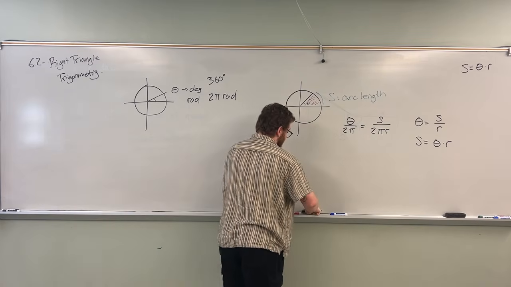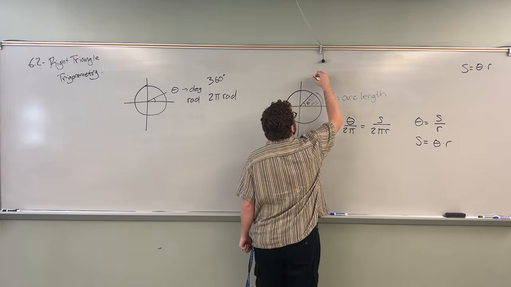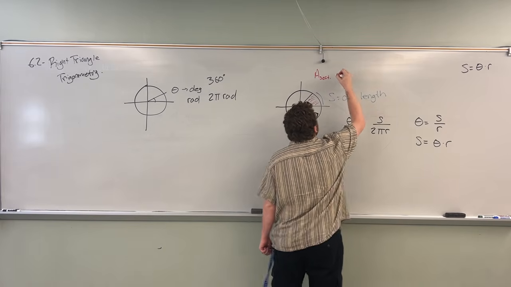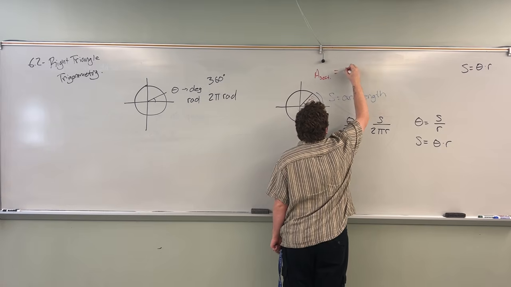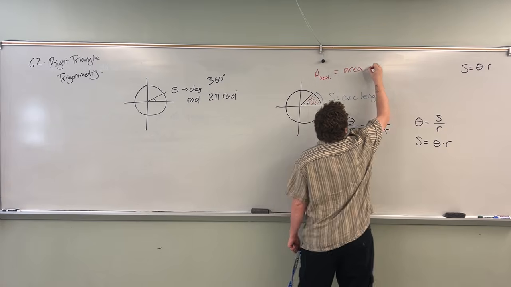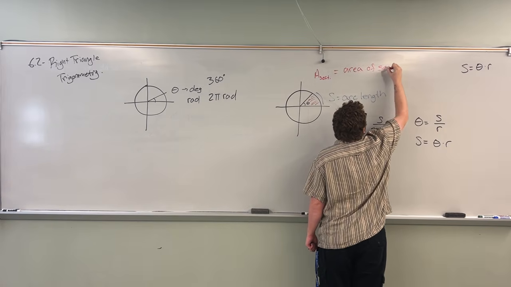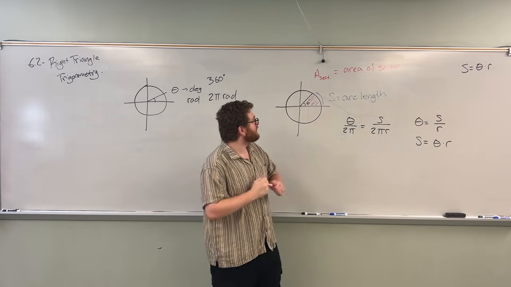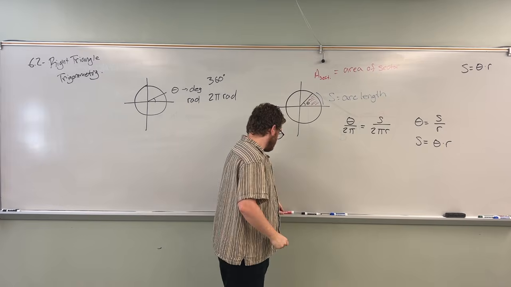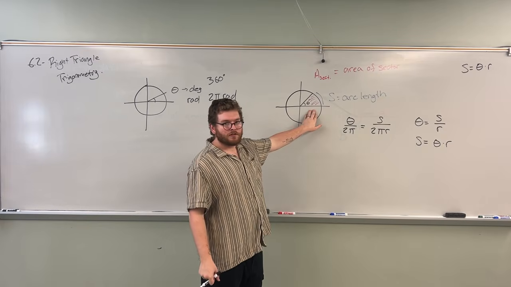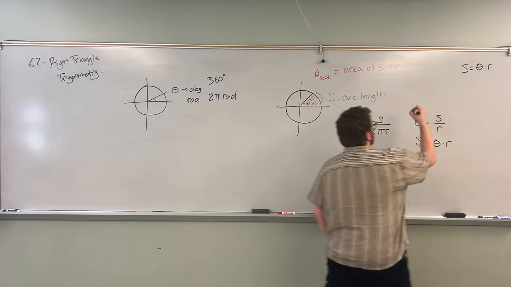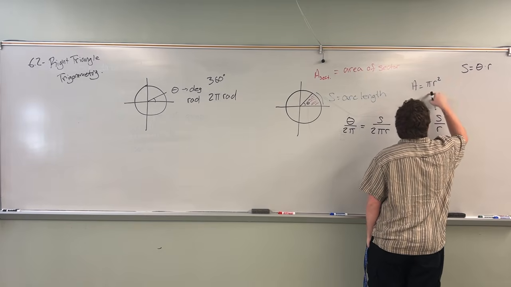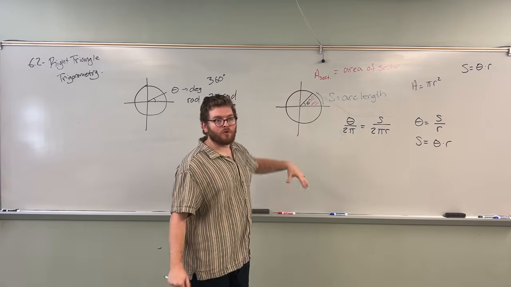So that area, that red area, which I'll just call A sub sect, this is the area of the sector. Think of it like a section of the entire area. So you just take the entire area. Remember, the entire area is pi r squared. And we're finding out what portion it is.